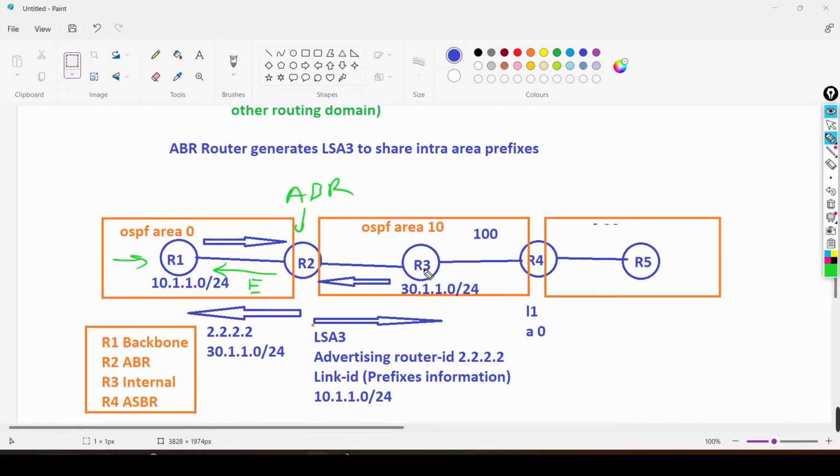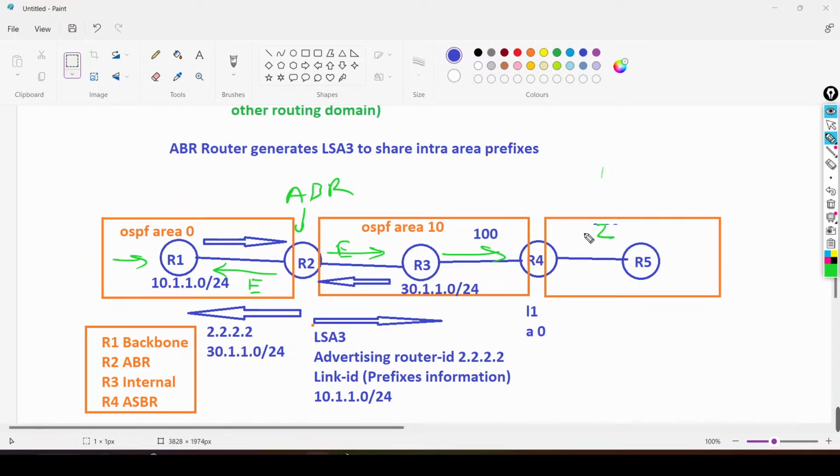Now how will router 3 come to know that router 2 is ABR? So again, when it sends its LSA 1, it will turn on the bit. Yes or no? It will forward that LSA 1 to router 4, but LSA 1 cannot cross area. Here we have which area? Area 2.